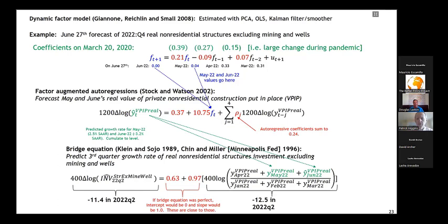Okay, so this last slide essentially just builds this up. Now we have the factor through May and we need to forecast it through June. So you plug it into this factor here. You estimate the non-release data for the construction spending put in place. Currently we have data through April.